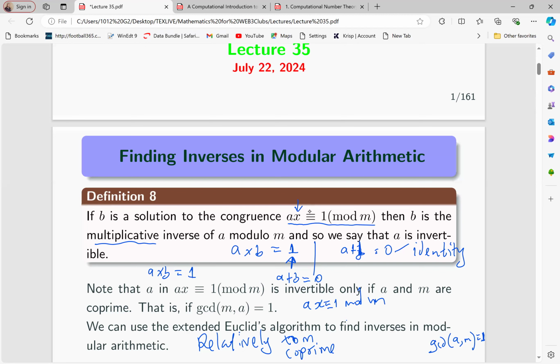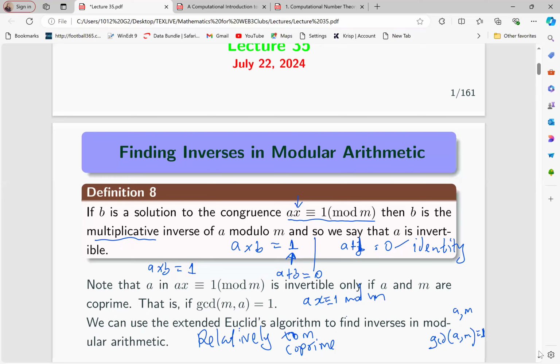The other way of defining that is saying that A is relatively prime to M if the only common factor that divides A and M is 1. So we say that A is relatively prime to M, or A and M are coprime.